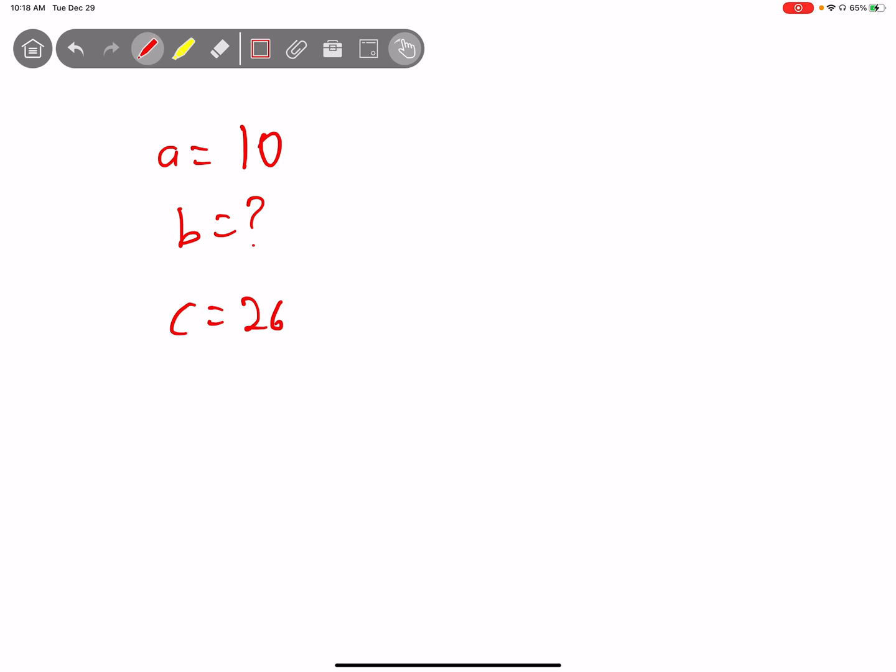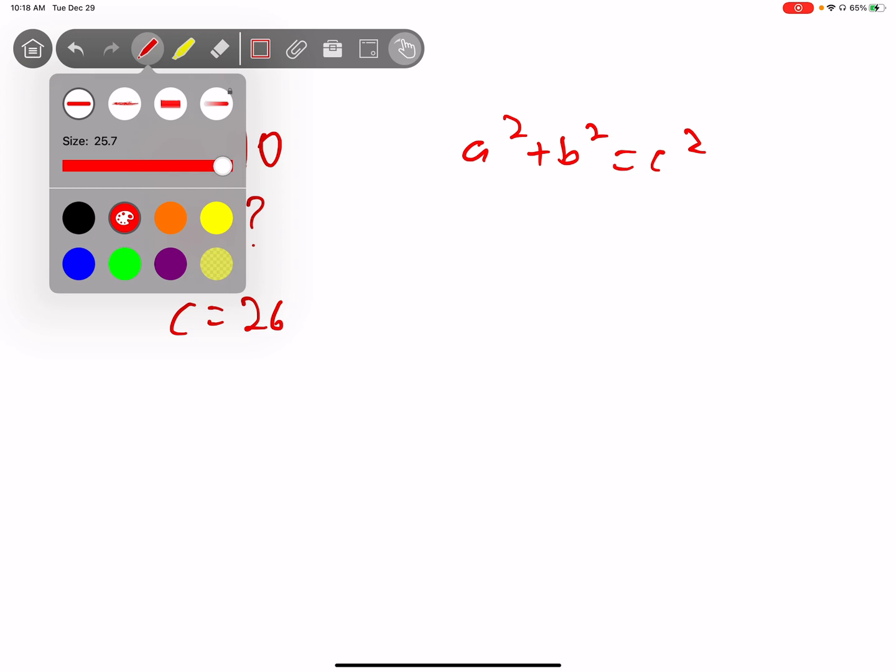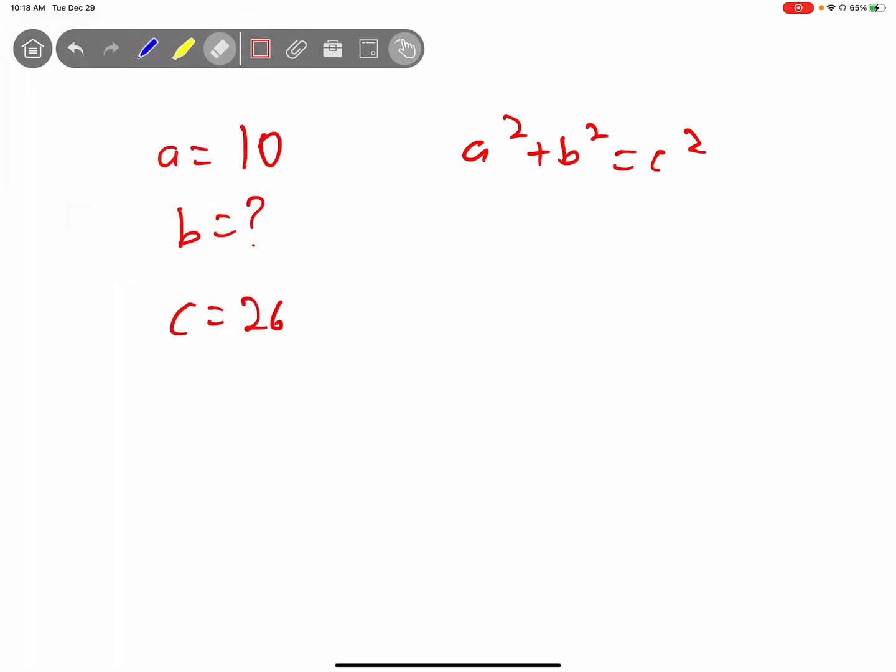So if I'm solving this using A squared plus B squared equals C squared, I know A and I know C. This becomes 10 squared plus B squared, sorry, not plus, equals C squared.